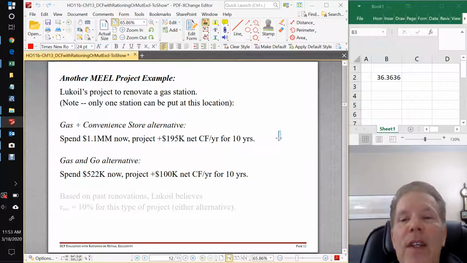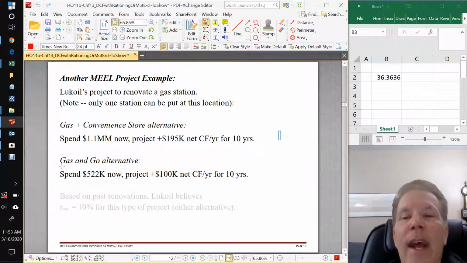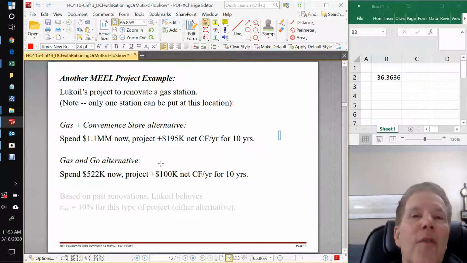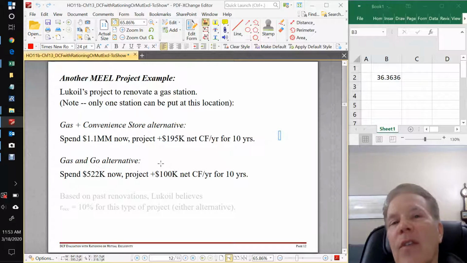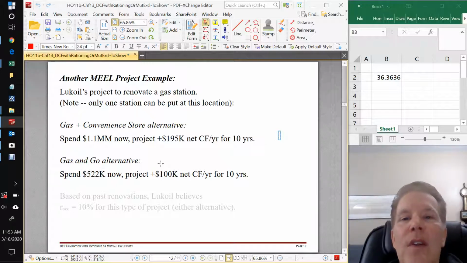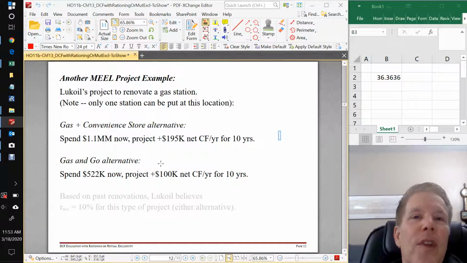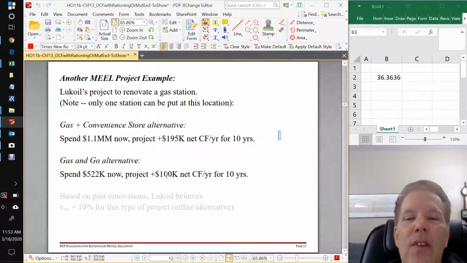The second thing that they're considering is what they call their gas and go alternative. That doesn't have a full convenience store. They're not going to be selling soups and sandwiches and all that stuff. They'll just have a few things like oil and washer fluid and snacks and sodas and stuff like that. So that's why it's gas and go.